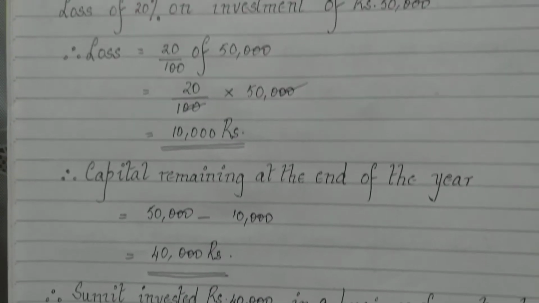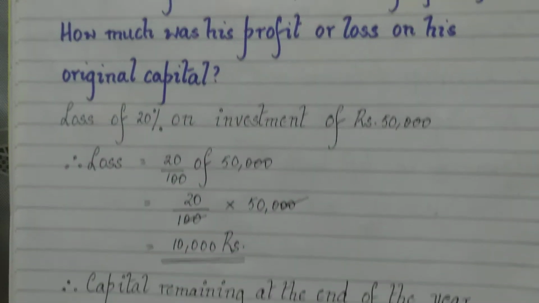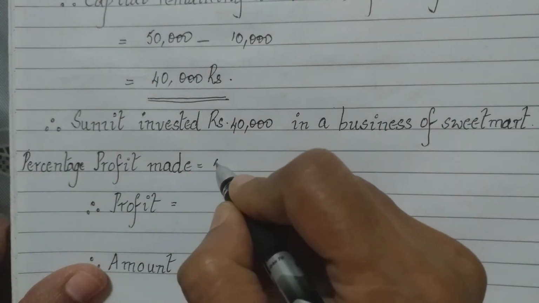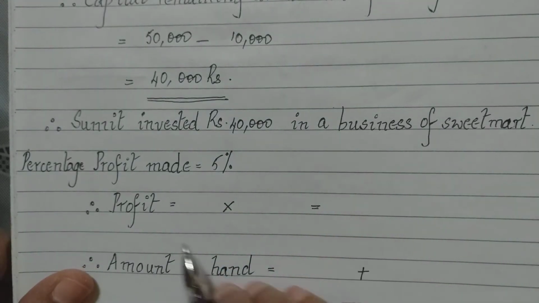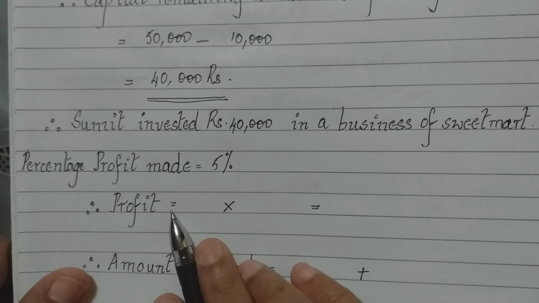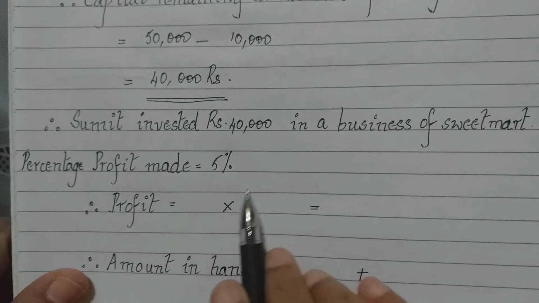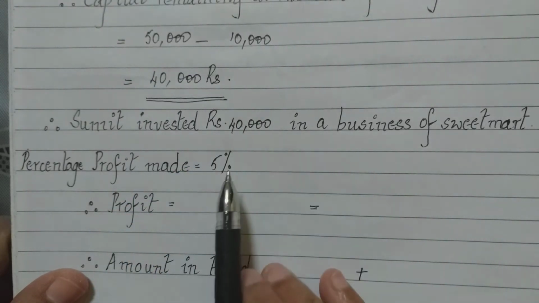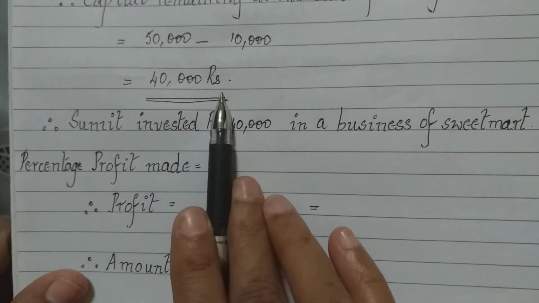How much is the profit they said he made? They said he made a percentage profit of 5%. So if I want to find how much is the profit, I have to find out 5% of this amount he has invested, that is 5 upon 100 into 40,000.